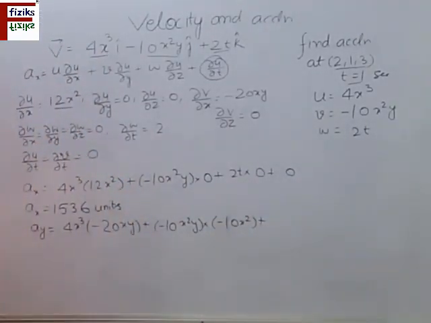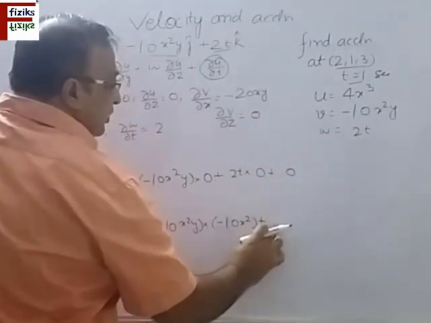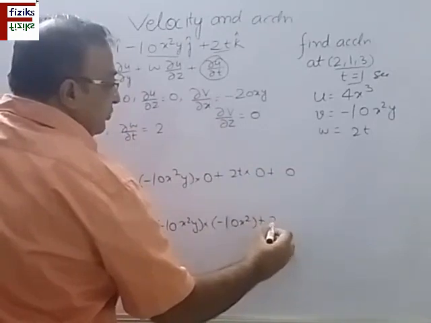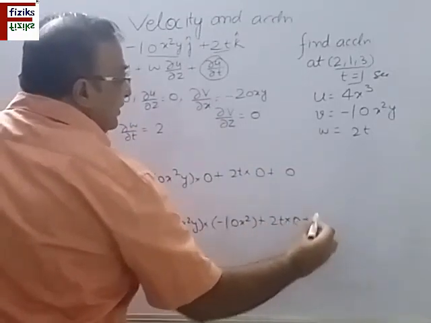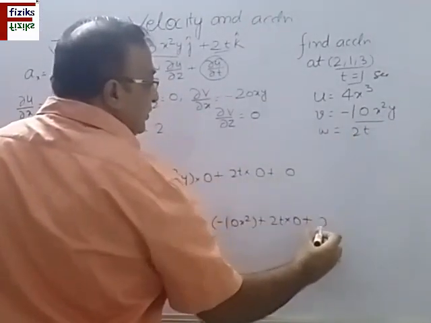Plus w ∂v/∂z. So v is not a function of z, so this term becomes 0. w ∂v/∂z, so 2t into 0, plus ∂v/∂t. This is not a function of time, 0.